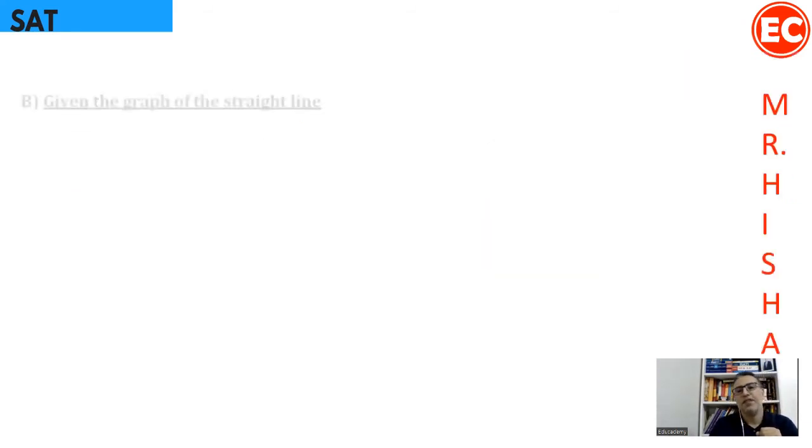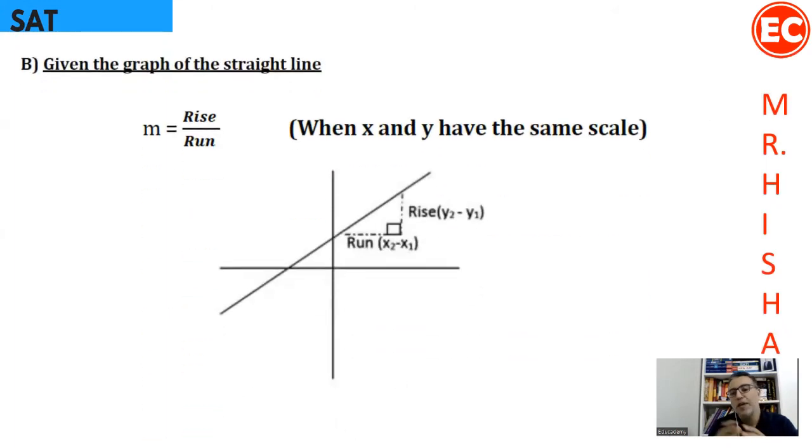I have shown you how to find the slope if the given is 2 points. But for any SAT questions, if the straight line is graphed, and you have the graph of the straight line, you are going to find the slope by plotting 2 points and finding the value of rise over run. Rise over run.